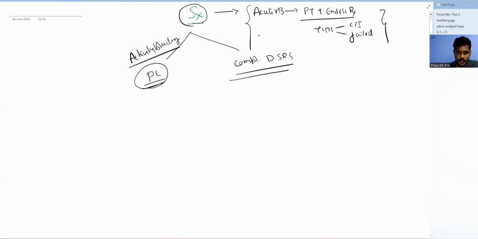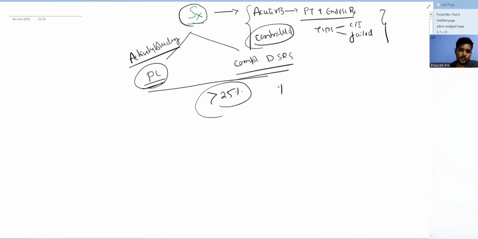If the patient's bleeding is controlled at the time of surgery, you go with complex shunts like distal splenorenal shunt. But whatever shunt you do, the mortality is more than 25%. And this mortality again depends upon one single most important factor, it is functional hepatic reserve. Right? So that is why surgery is reserved only when TIPS is contraindicated or failed and all other modalities of treatment have failed. So this is about the acute management of variceal bleed.